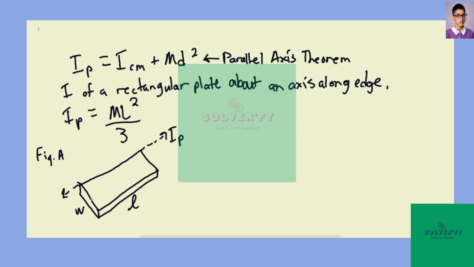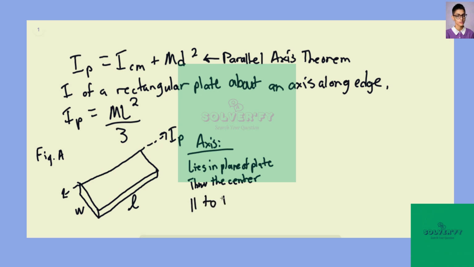And it's saying that for this axis, they're trying to find, the axis needs to lie in the plane of the plate, through the center, and then parallel to the moment of inertia about an edge.